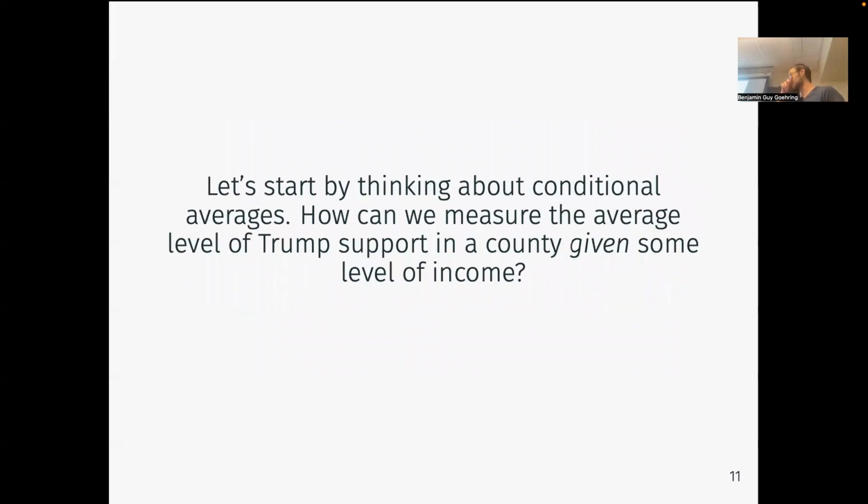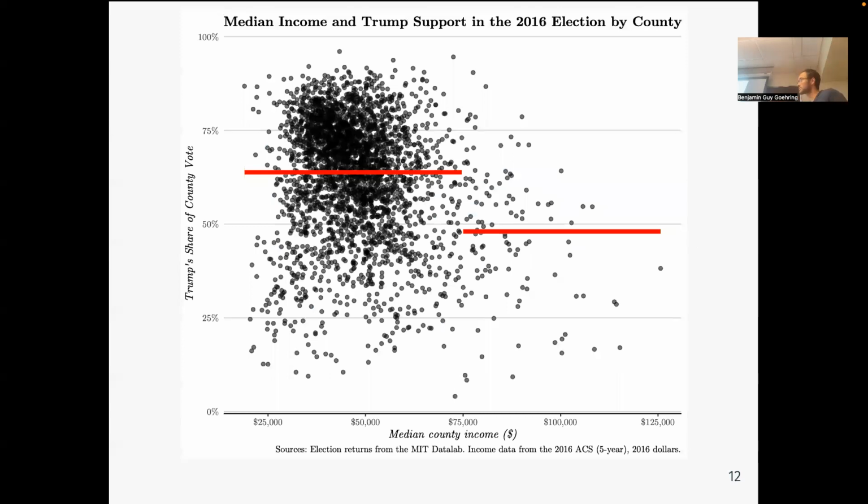Okay, so let's just start by thinking more about conditional averages. Given that a county has a certain amount of income, what is its share on average of support for Donald Trump? Here is maybe the simplest way you could think about characterizing that relationship.